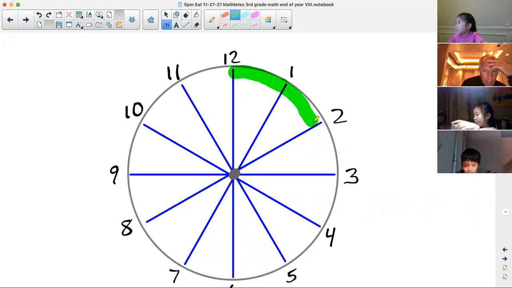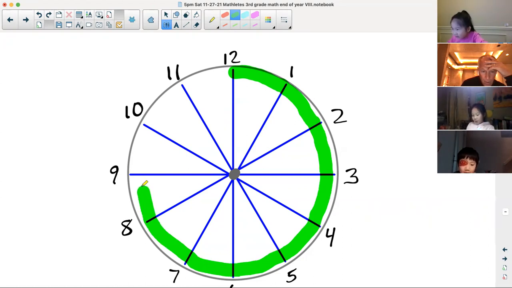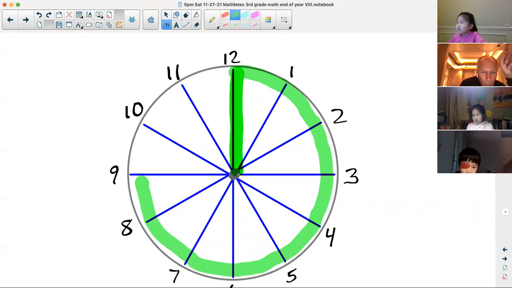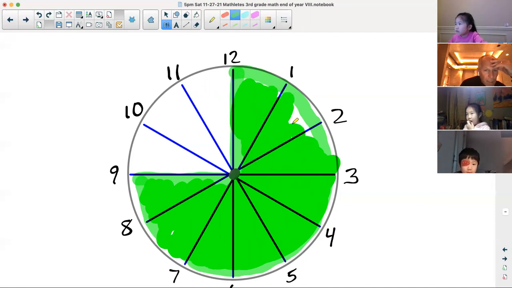Come on, guys, read with me. 10, 15, 20, 25, 30, 35, 40, 45. Now stop right there. If I look at 45 minutes, what fraction of 1 hour is 45 minutes?